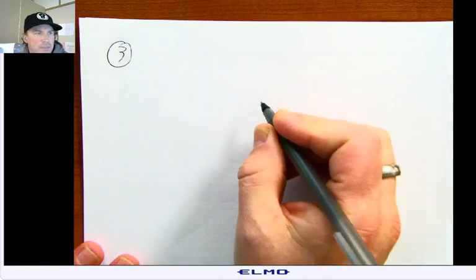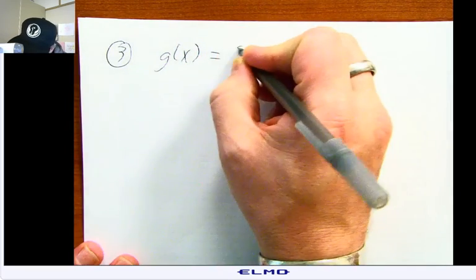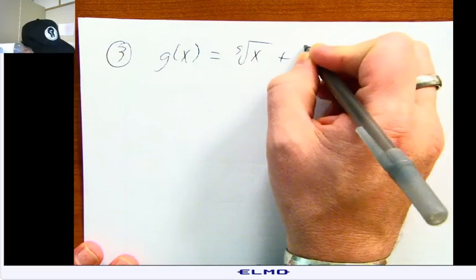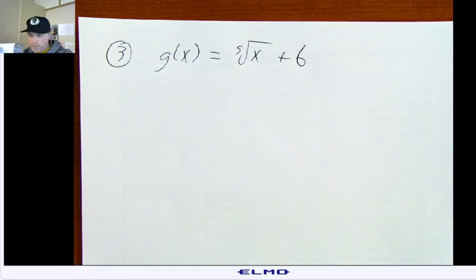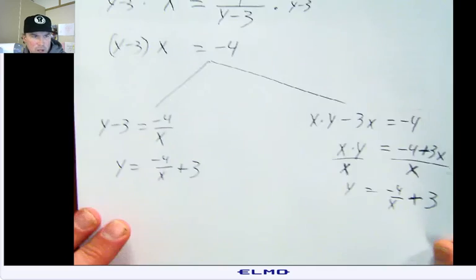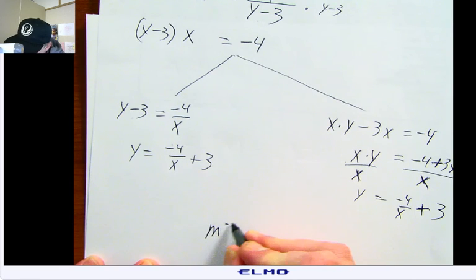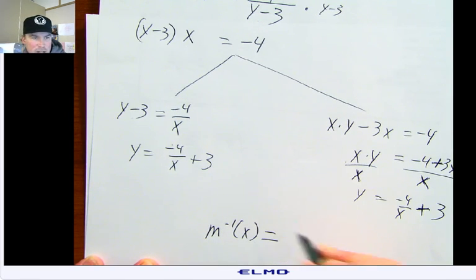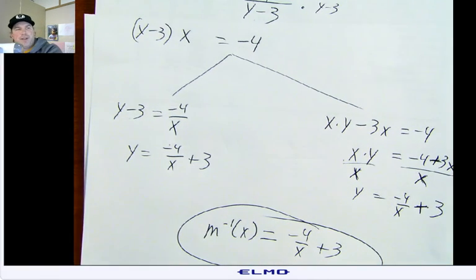I'm sorry, before I go to example 3, I got to go back to example 2. I forgot to finish the problem. If this is called m of x, the inverse is m inverse of x, so negative 4 over x plus 3. Got to make sure you answer the question at the end of the day, right?